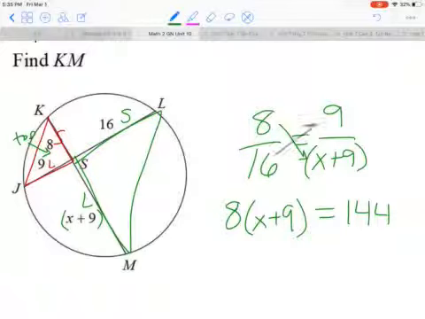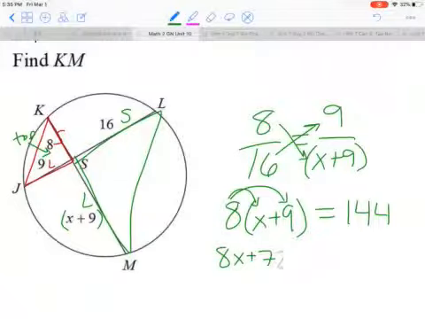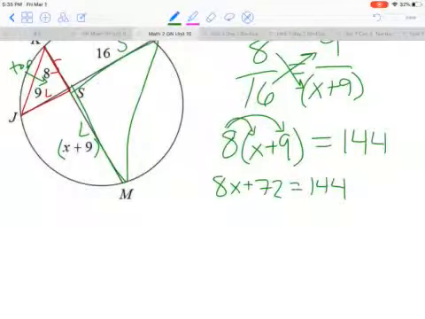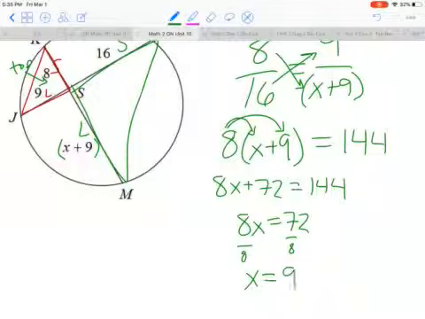When you do that and that, and we're going to distribute this. So 8x plus 72 equals 144. You subtract the 72 from both sides. You get 8x equals 72, and you divide by 8 on both sides to get x equals 9.